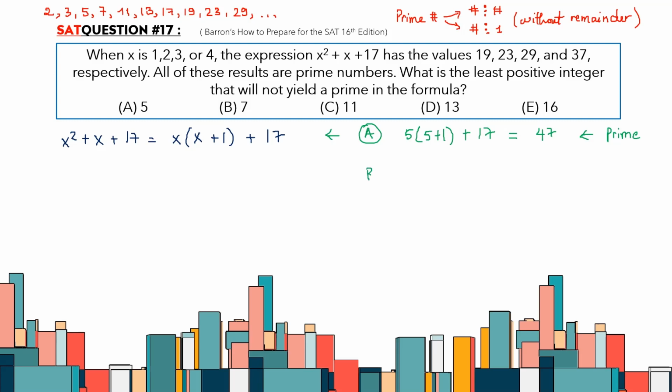Okay, we do B, which is 7, 7 plus 1, 17. And then C, we have 11, 11 plus 1 plus 17. And D, we have 13.